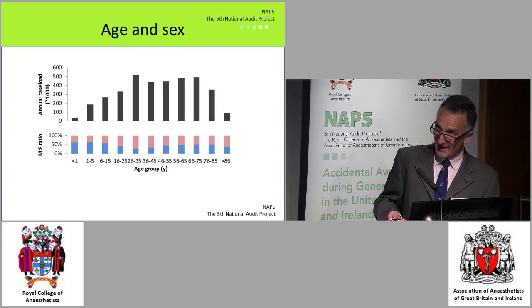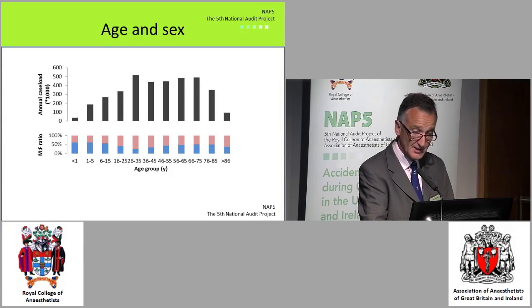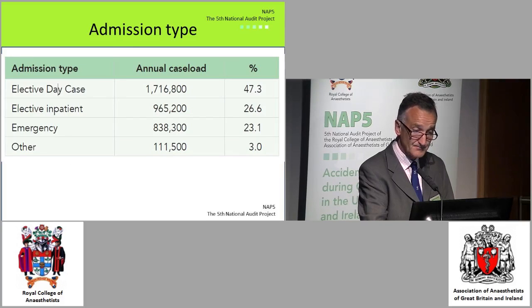And here is the sex, because I think sex is what we use. You can see that in the middle are lots of ladies having various procedures, and more boys having procedures in children. There are about 500,000 children under the age of 16 being managed by an anaesthetist in the NHS.